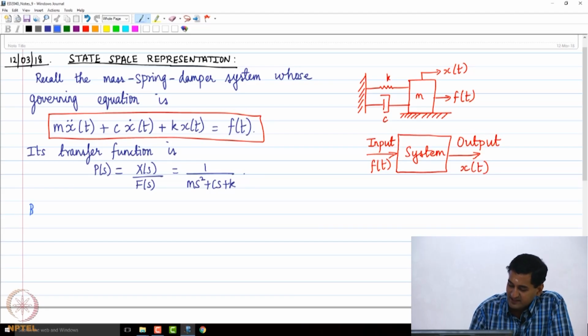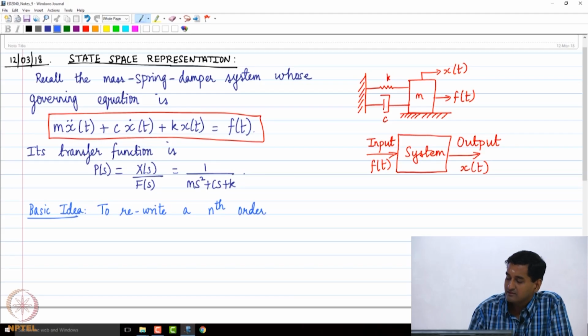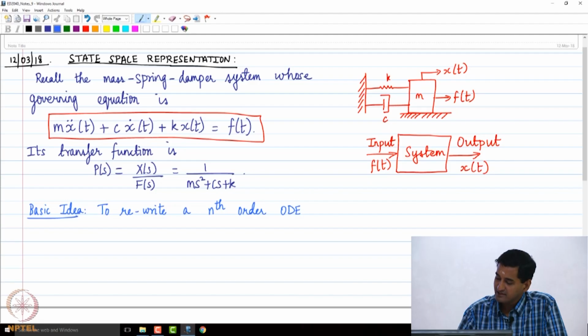The basic idea behind the state space representation is to rewrite an nth order ODE, meaning ordinary differential equation, as a set of n first order ODEs.